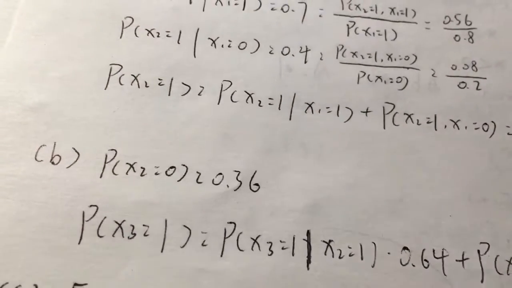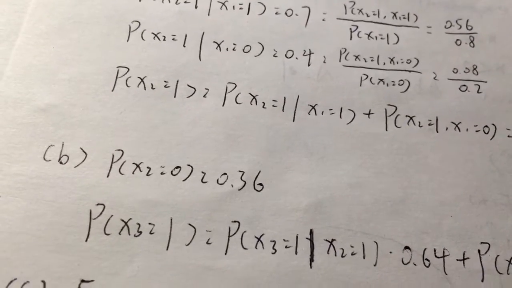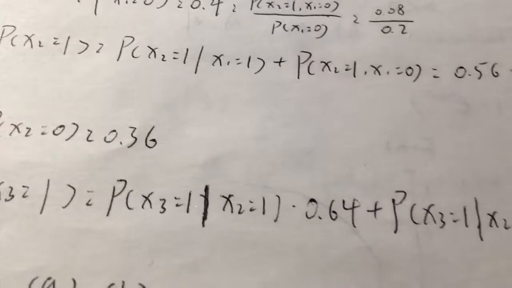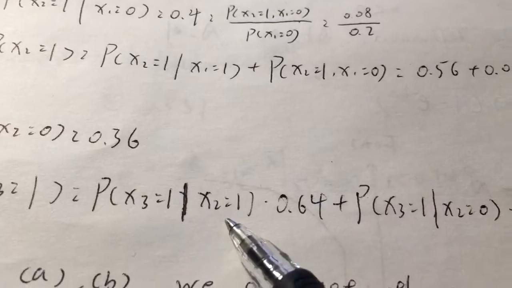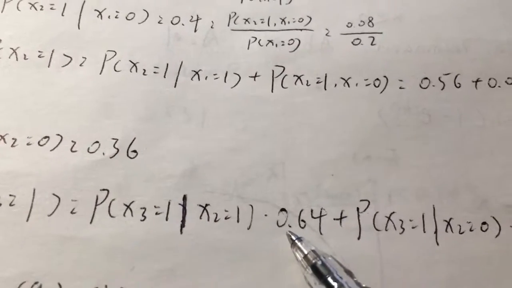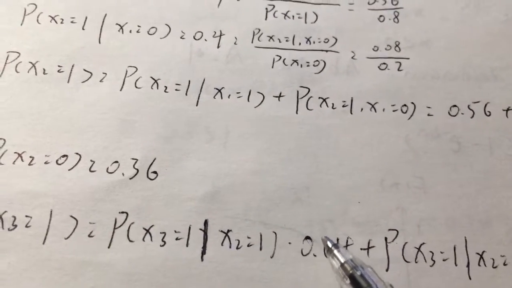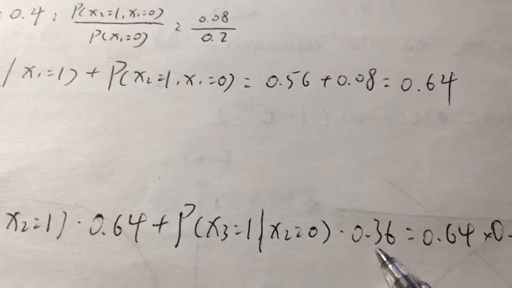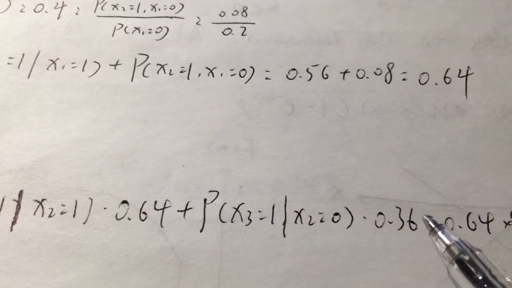So we can use another way to calculate the result. According to question 1, the probability that x3 equals 1 is the sum of these two terms. We calculate this probability multiplied by 0.64, which is the probability that x2 equals 1, plus this multiplied by 0.36, which is the probability that x2 equals 0.